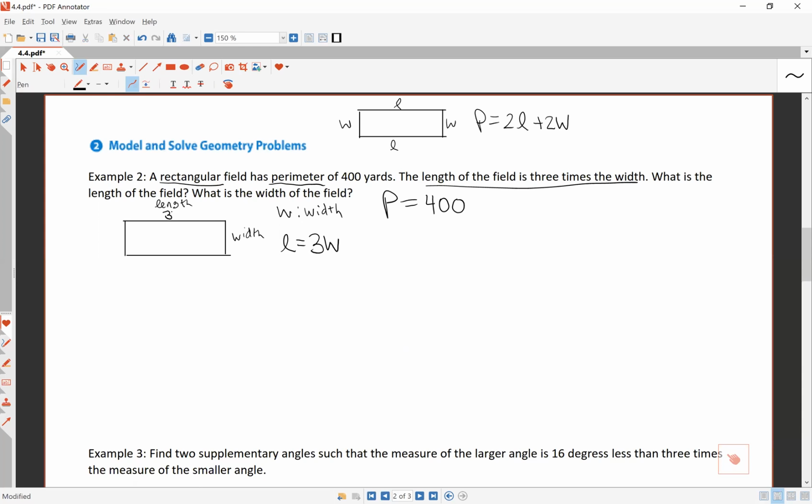The length is 3 times the width, and the width is W. Now we use the formula for perimeter, 2L plus 2W, using P to be 400. We're going to take twice the length plus twice the width. W is the width, 3W is the length.